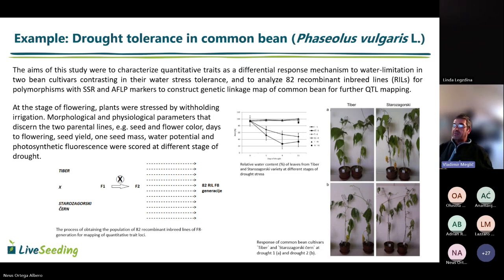We have used 2 varieties. One is Tibor and the other one is Starozagorski Chern. And we have tested them for withholding irrigation.